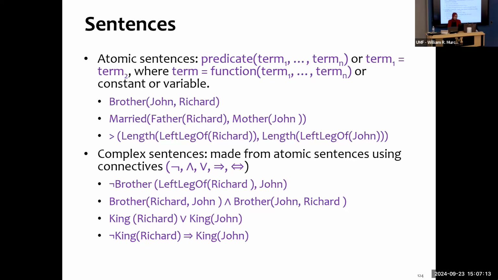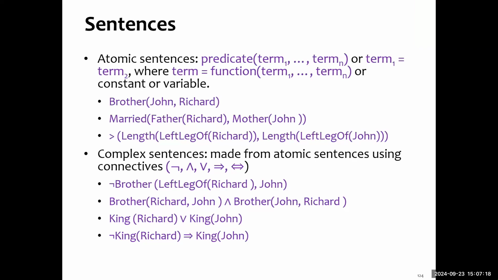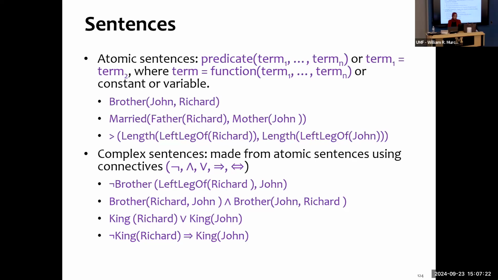Okay, and next, Richard and John are brothers, and John and Richard are brothers. Yeah, this is what we mean with the brotherhood relation at the start. Next, Richard or King John. Richard is the king or John is the king. Or, yes, either one.